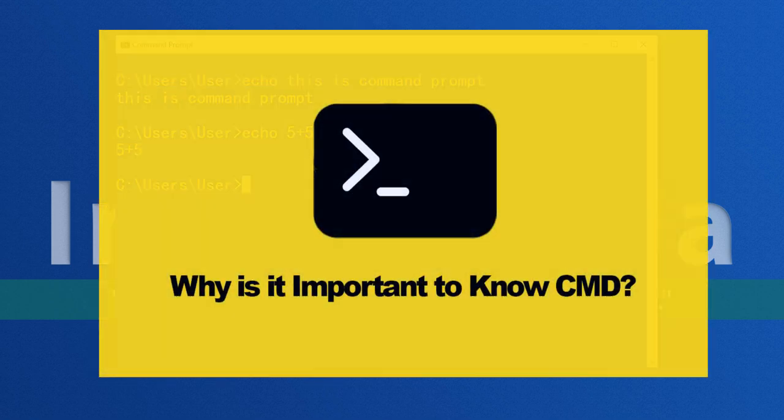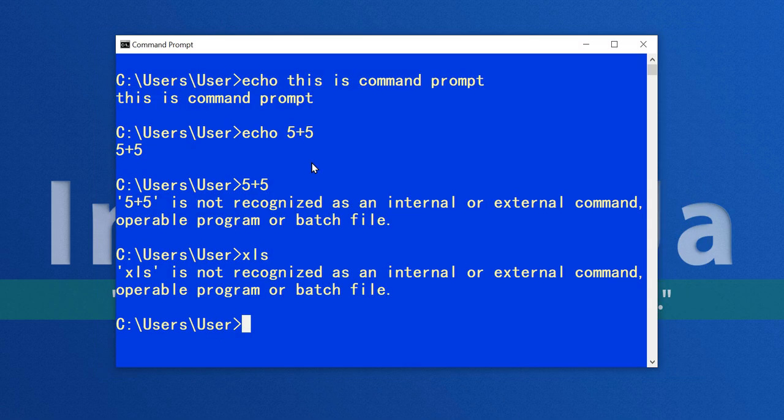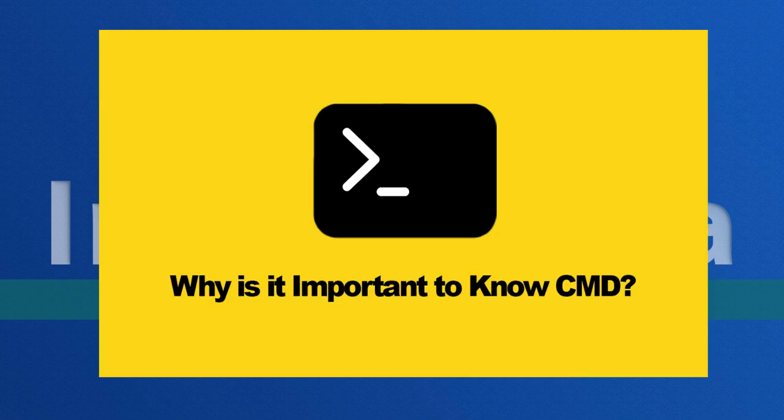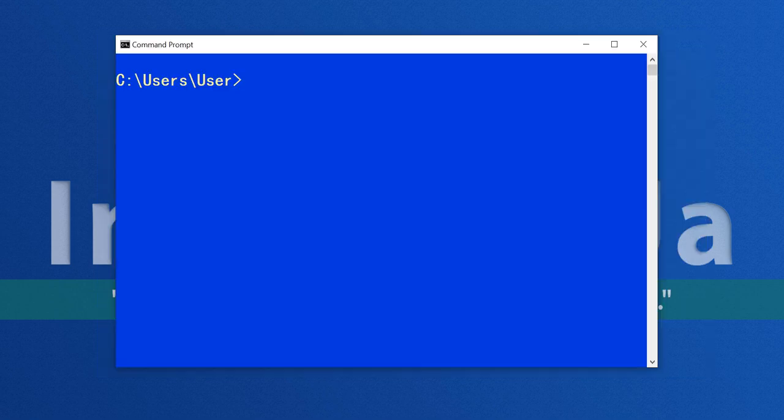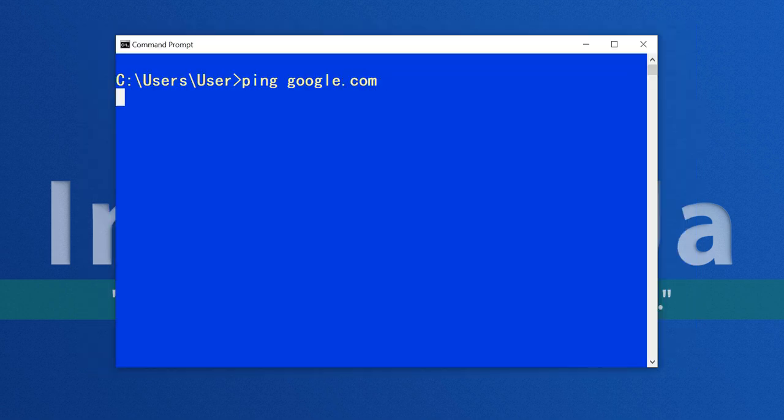Why is it important to know CMD? Understanding CMD helps you to manage your system, troubleshoot problems, and it also lays a foundation for learning advanced tools like PowerShell or Linux CLI. What type of tasks can CMD perform? CMD can do various tasks.